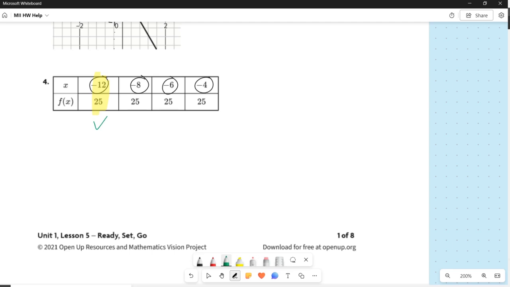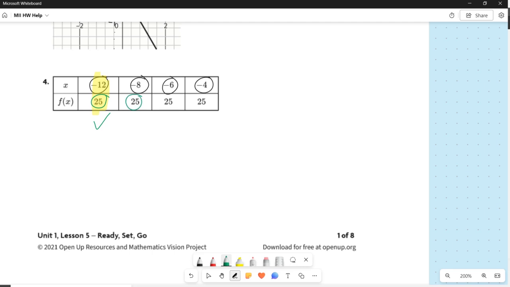So far we're good. The next column says when you plug in a -8, you again get a 25. Well, as long as I don't see any other inputs of -8, I'm actually fine. It is not a problem that I get 25 twice.